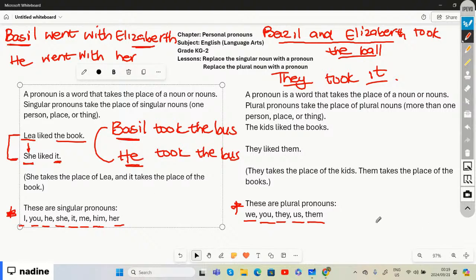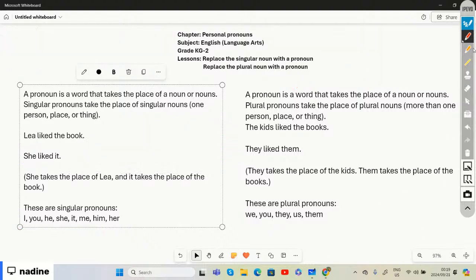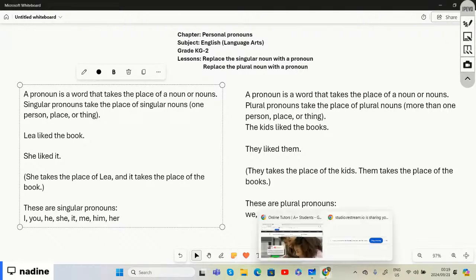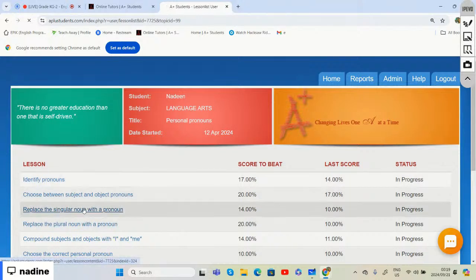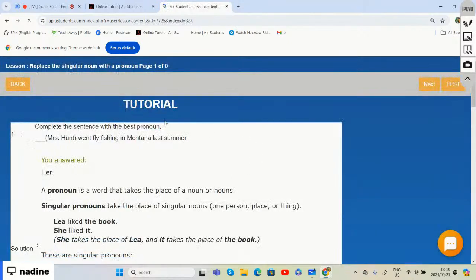All right. So now we're going to A plus students.ca, and then we're going to our personal pronouns, and we're going to replace singular nouns with a pronoun. So now singular nouns are only referring to one person, one place, or one thing, right?